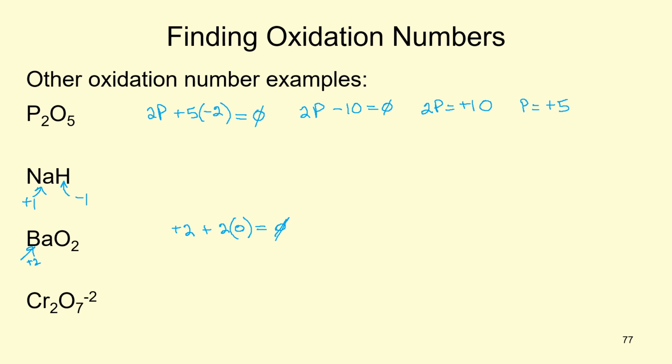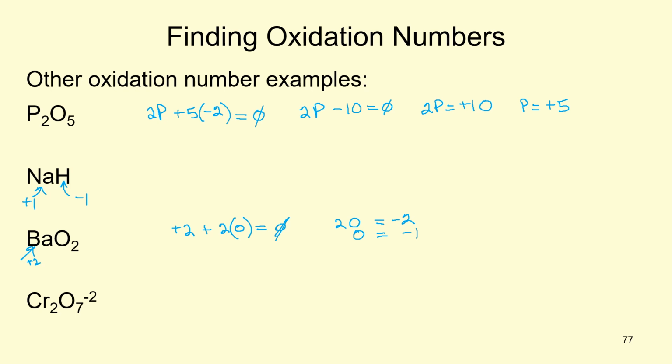So 2 oxygen is going to equal -2, so each oxygen is going to equal -1. So this is a peroxide, barium peroxide. That's a really special case. So like I said, I'm not going to give you that unless I give you a little heads up. So almost always oxygen will be a -2, unless you know the other one and it breaks that rule.